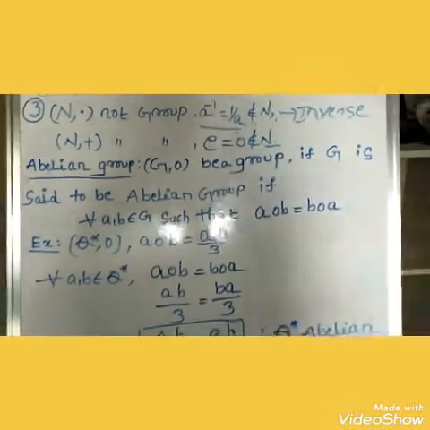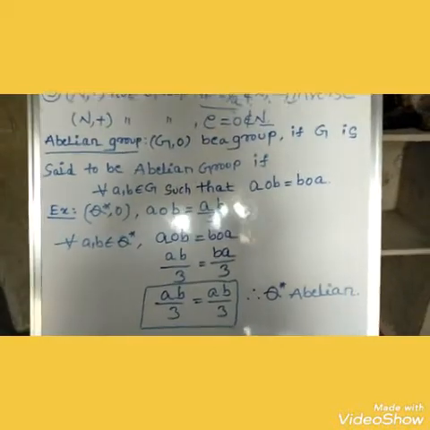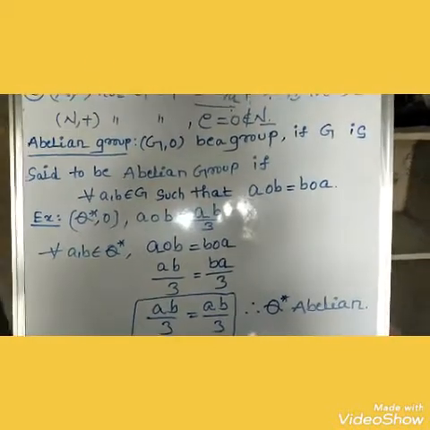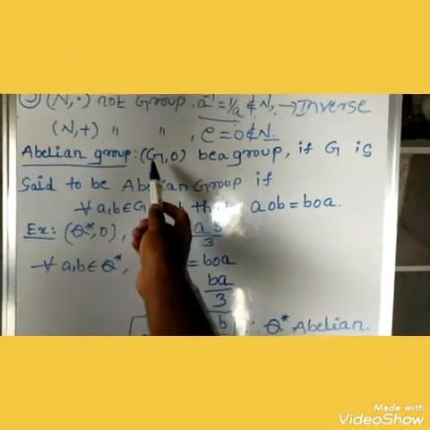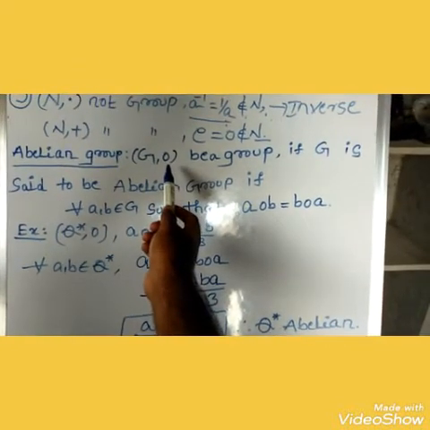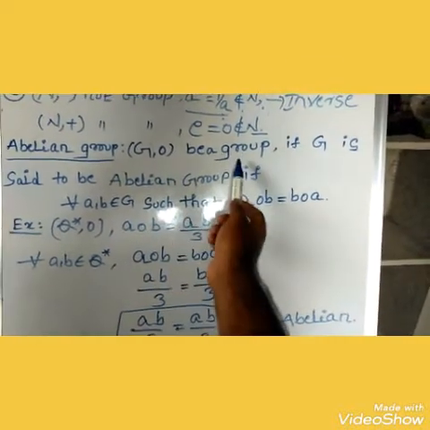Now I want to define what an abelian group is. Let G circle be a group.